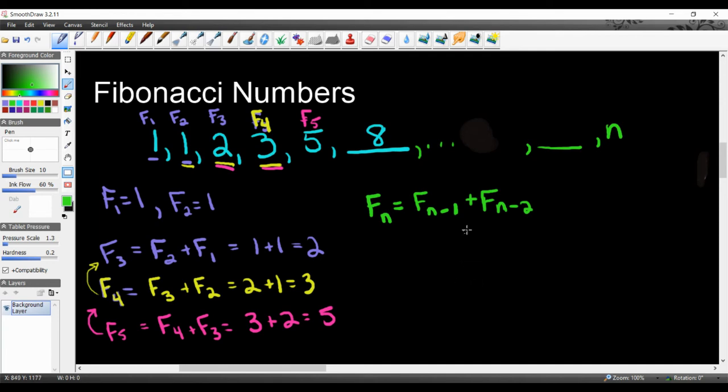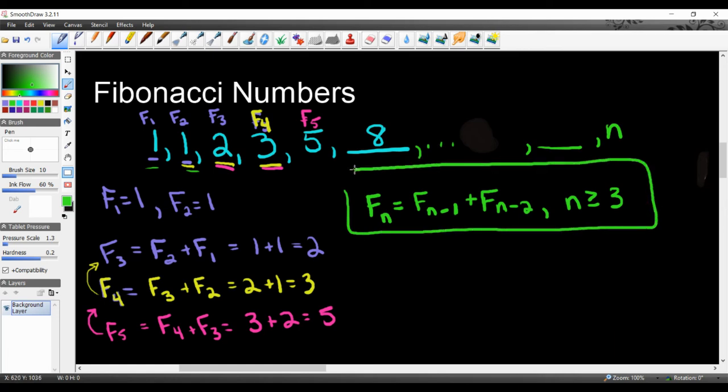And this only works after the second term, because the first two terms are set in stone. That's why we have to include this condition here. And this is our formula for the Fibonacci sequence. Something you might want to look into: it has a lot of interesting history, so maybe some side work if you have some time.